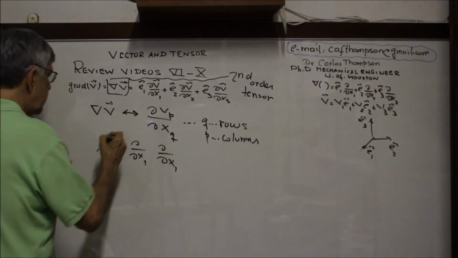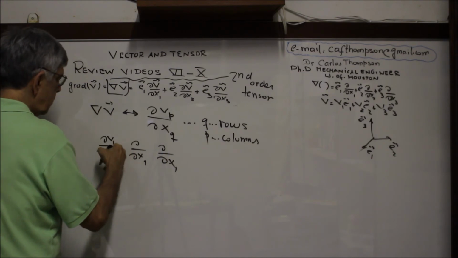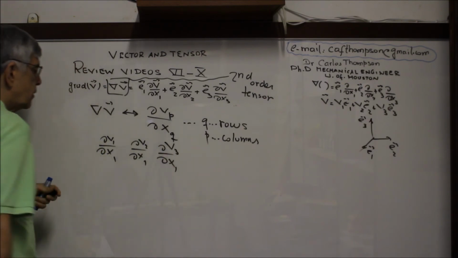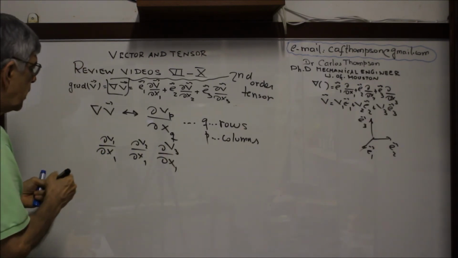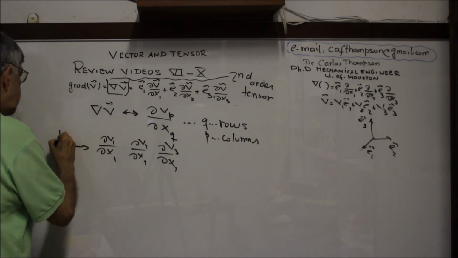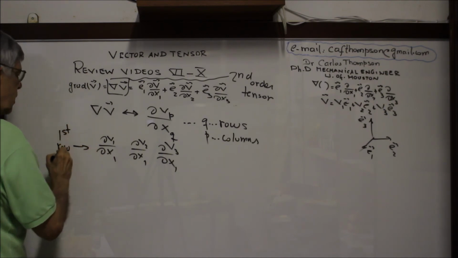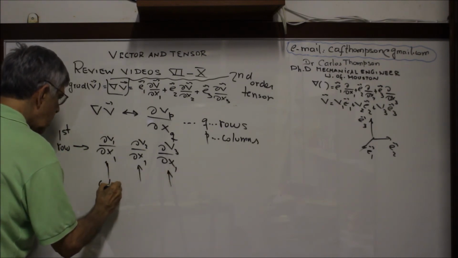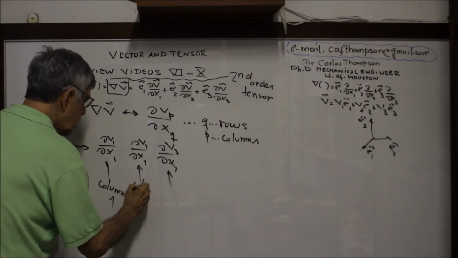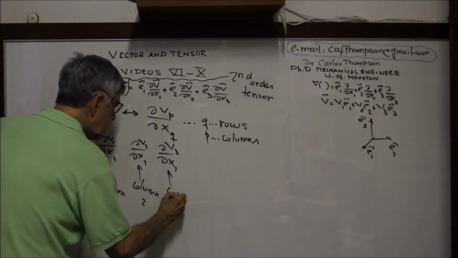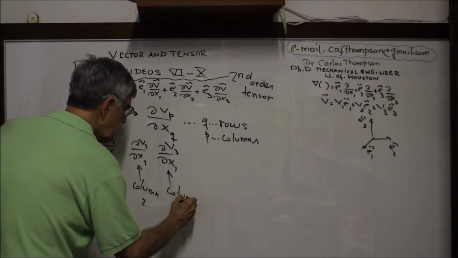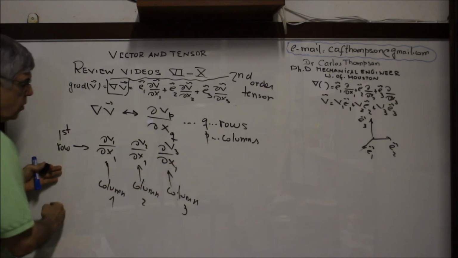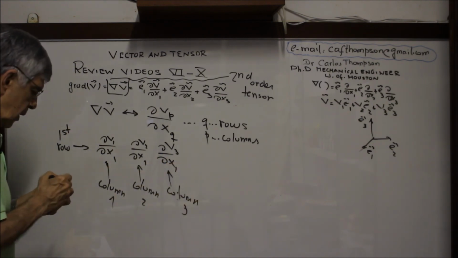First, this will be V1, the first column, V2, the first column, and V3, the first column. So here is the first row, and those are columns: column 1, column 2, and column 3. You can write for the second row and for the third row.